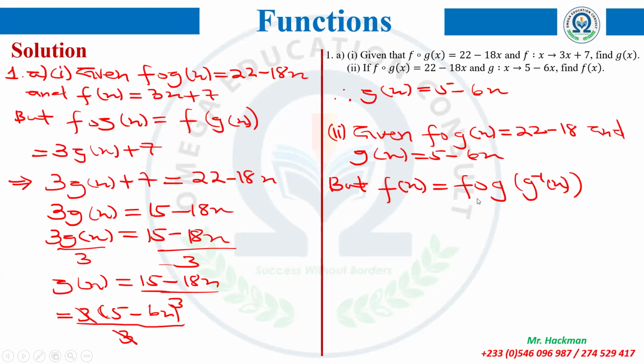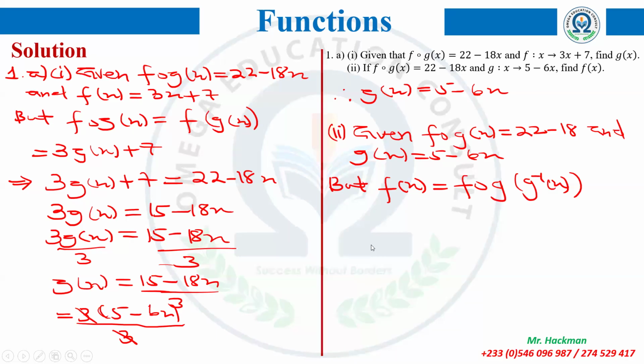But if you are given the inner function and asked to find the outer function, then you have to make use of the technique of feeding the composite function with the inverse function. So in this case, I know f of g. If I'm able to find g inverse, which I can find because I know g, I feed f of g with that g inverse, then my result automatically will give me f of x.